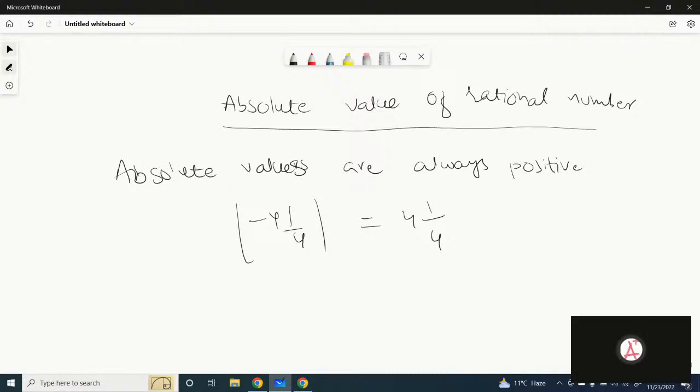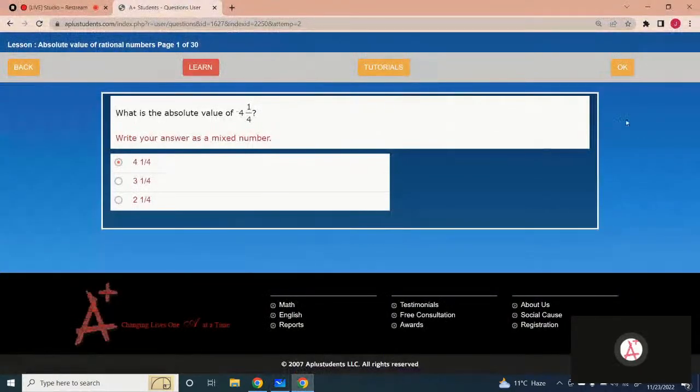Just select the correct option, then click on this.